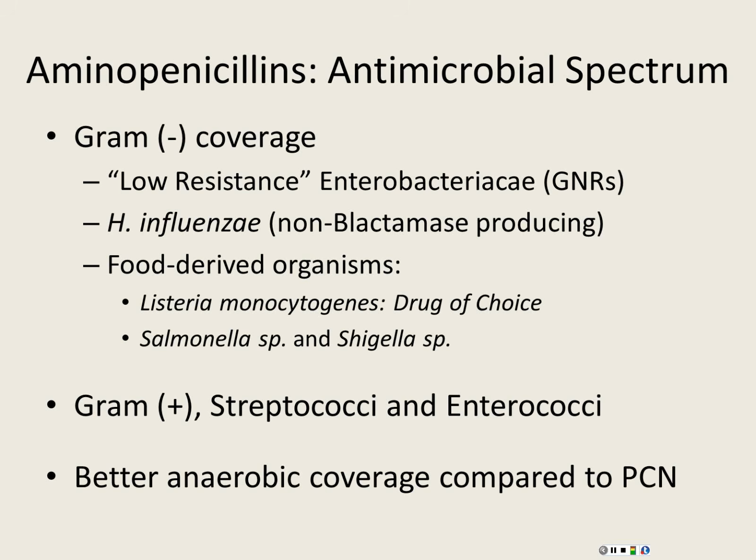Some for Salmonella and Shigella, although I do believe we have resistance mechanisms for those today too. As we started with penicillin and went up to the aminopenicillins, the aminopenicillins did carry with them coverage for strep and coverage for Enterococcus. And so you've probably been taught that your drug of choice for Enterococcus is an aminopenicillin.